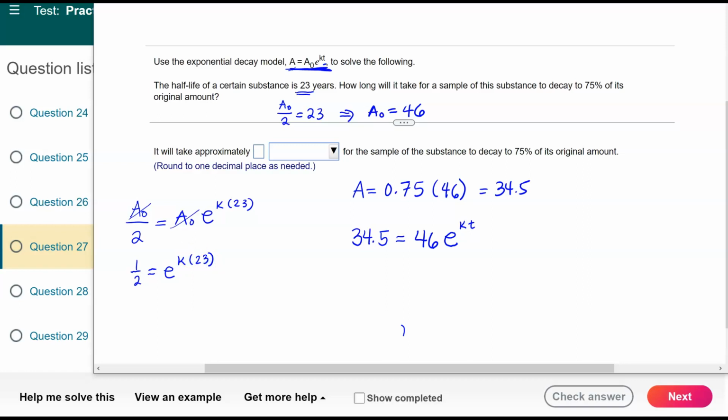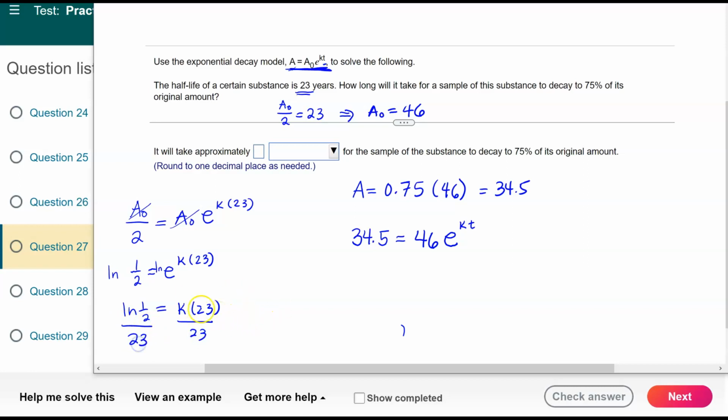Then from there, you will solve for k by taking the ln of both sides. So we have ln of 1/2 is equal to ln e to the k times 23. That is just equal to k times 23, since ln e cancels. So this part here is just equal to 23k. Then you can divide both sides by 23.